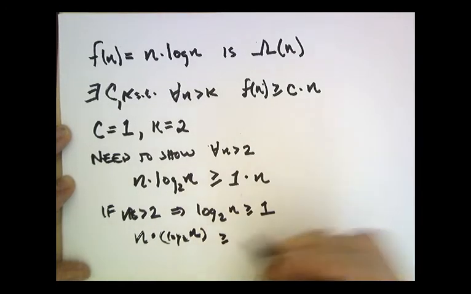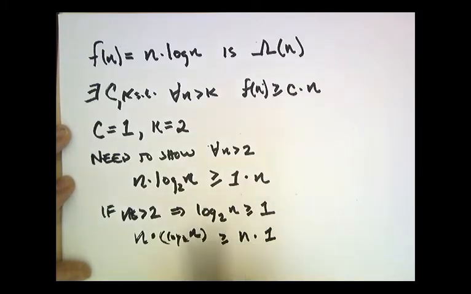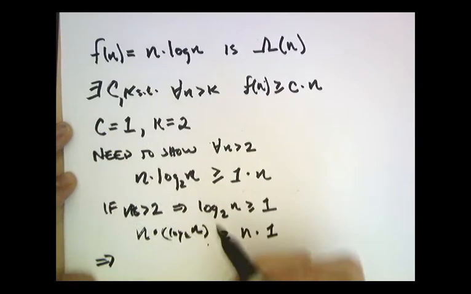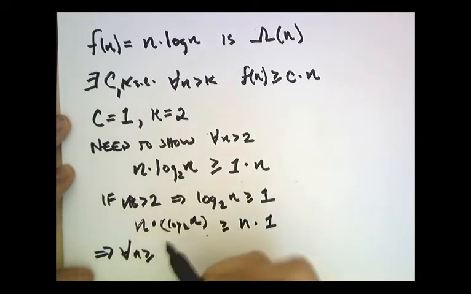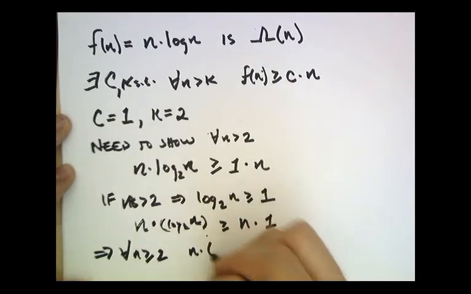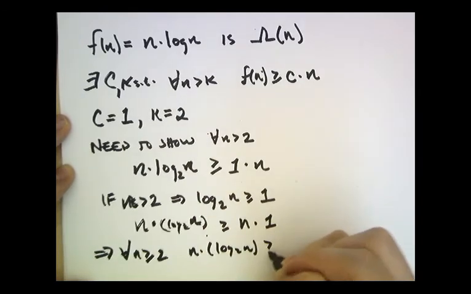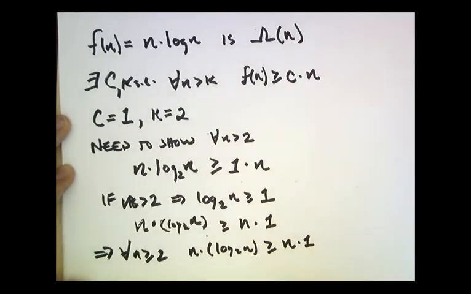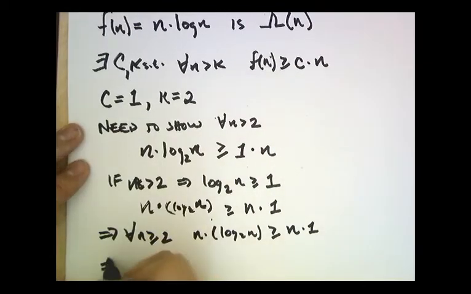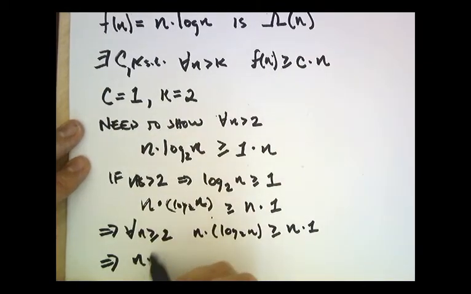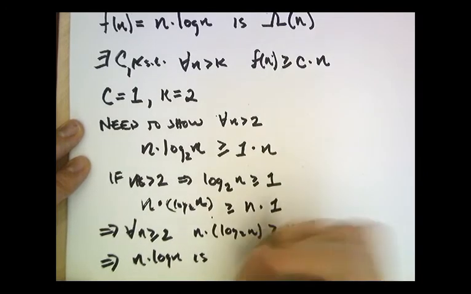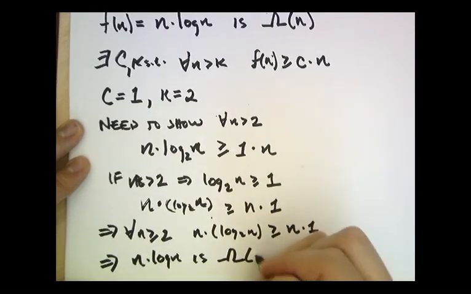And we need to prove this is greater than or equal to n times 1. And again, for n greater than 2, this term is greater than or equal to 1, and n is greater than or equal to n. So this implies that for all n greater than or equal to 2, n times log base 2 of n is greater than or equal to n times 1. And this implies that n times log n is big omega of n.